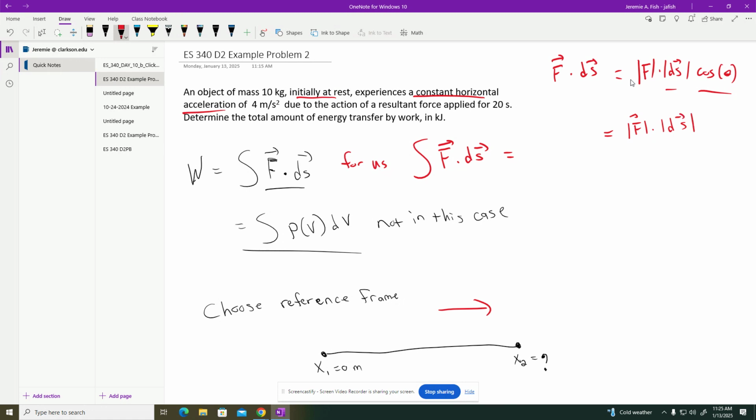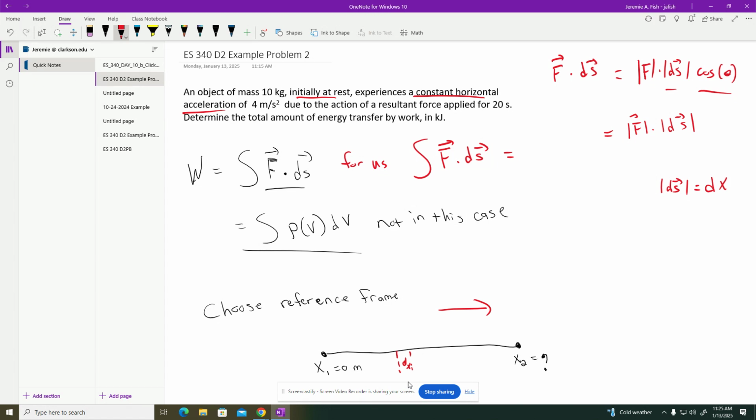Since I'm using x, I'm going to replace that with dx. So the magnitude of ds in this case is going to be dx, a little element down here. Okay, so that's my dx.